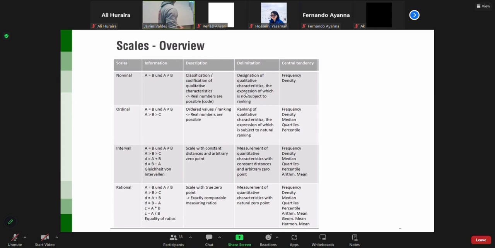If we have an interval scale, we can calculate the same as before, but also the arithmetic mean. And if we have a ratio scale, we can calculate the geometric mean, arithmetic mean, harmonic mean, and a weighted mean, whatever we want. Do you see how the better the information that you have, the more things you can do with the data?